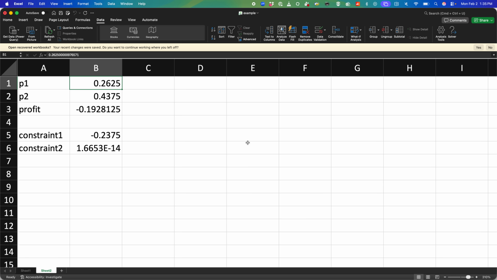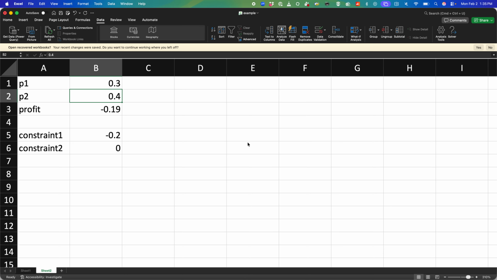And to show you, I can manually change this. I could set the price of milk to 0.3, price of cookies to 0.3, and manually change the price of milk to 0.4. That would still fulfill both of my constraints. And let's look at what happens to profits. So negative 0.19.